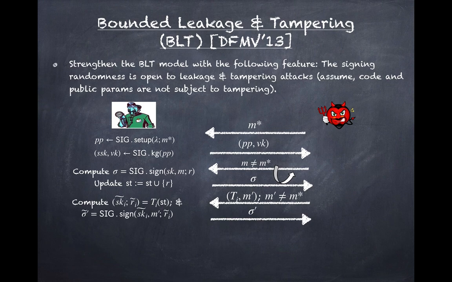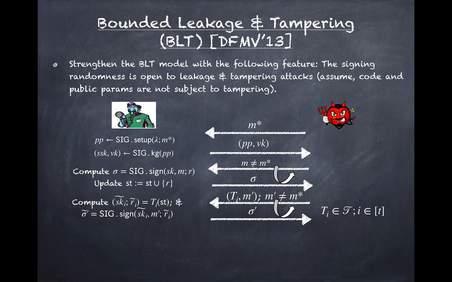Now the adversary can also ask for signatures under a tampered signing key. In particular, it asks Ti and some M prime, where M prime is not equal to the challenge message M star, and Ti in some sense tampers your state, and the adversary gets a tampered signature under the tampered signing key and the tampered randomness. And this can also happen arbitrarily many times as long as the following restriction holds.